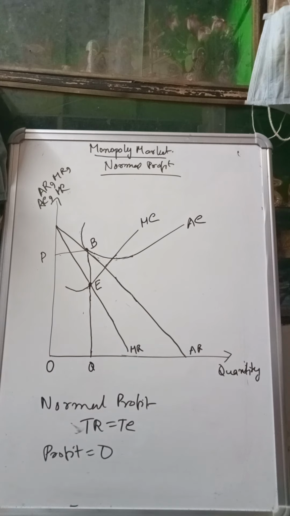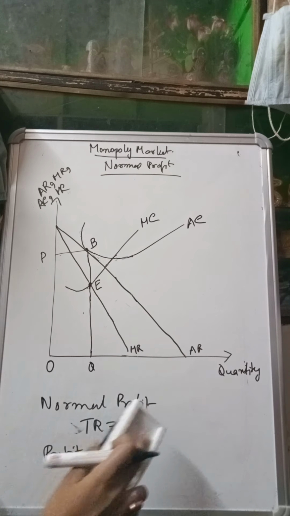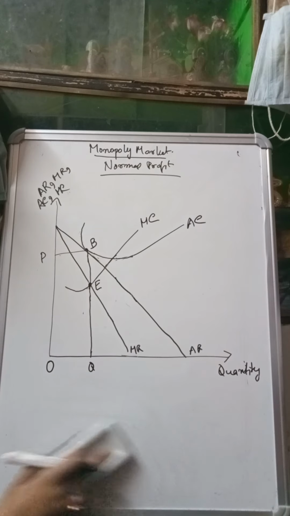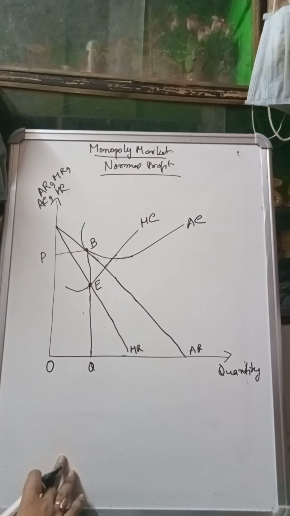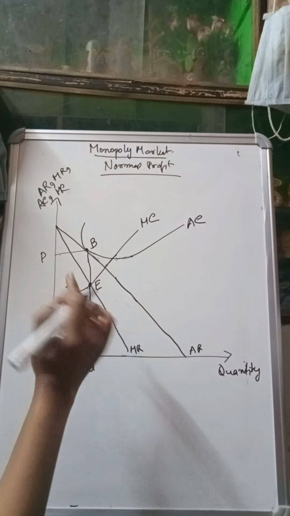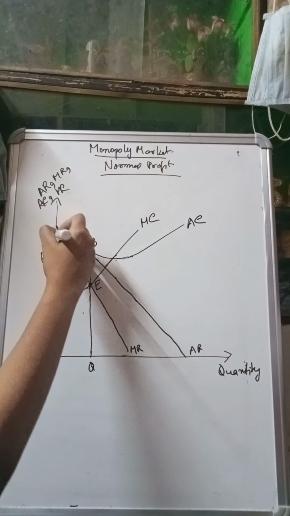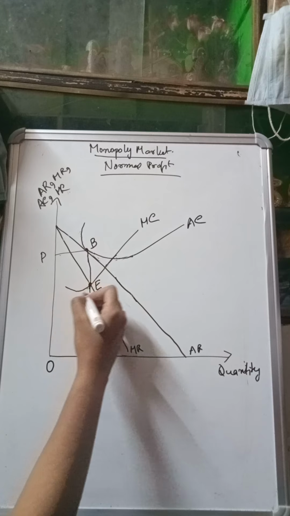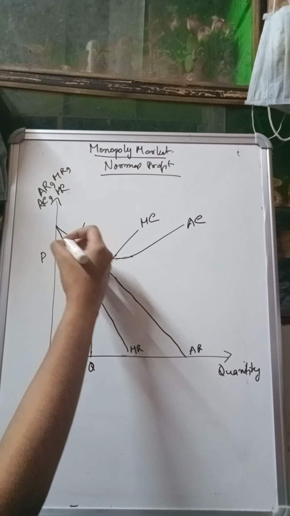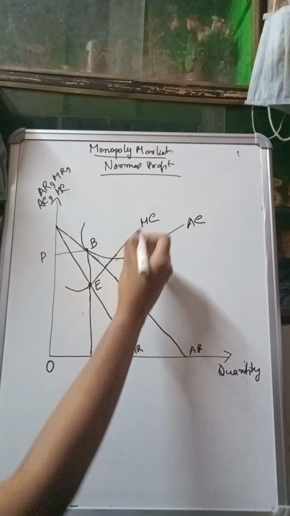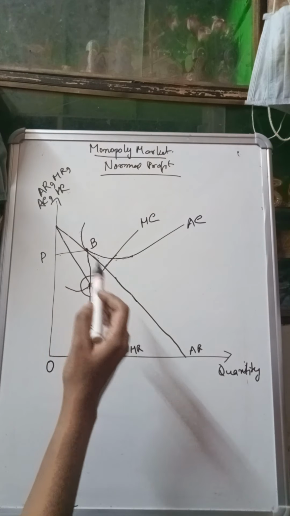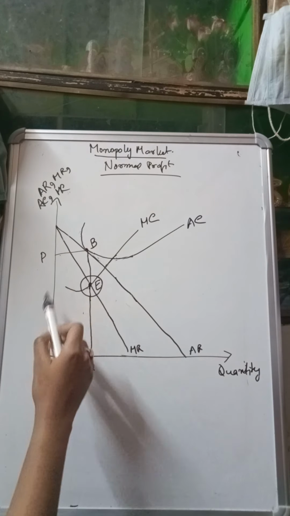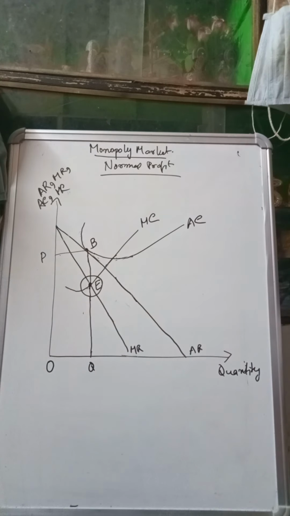Okay, so let us understand how this diagram is giving us normal profit. Where is my equilibrium condition satisfied? At point E. How? Because you can see that this is the MR curve and this is my MC curve. The MR curve and MC curve have intersected at point E, and the MC curve has intersected the MR curve from below, right? So this is the equilibrium.